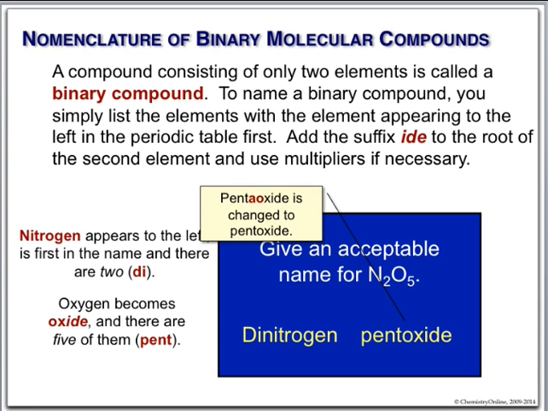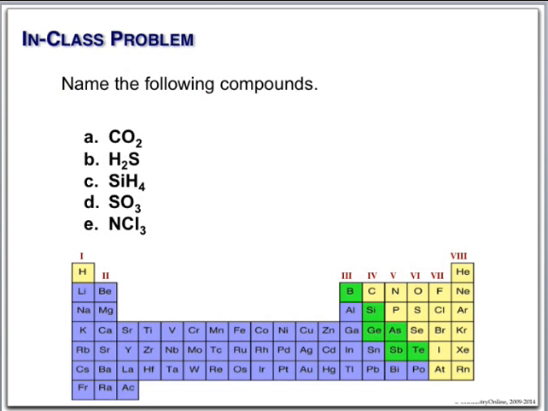Once again, we're dropping out a letter if we have too many vowels, because it just doesn't work. So pentoxide is what you would do. Now, if this was an exam or something and you wrote that, I would not be bothered at all. Okay? But this is the proper way. All right, let's go ahead and just quickly jot down this list.